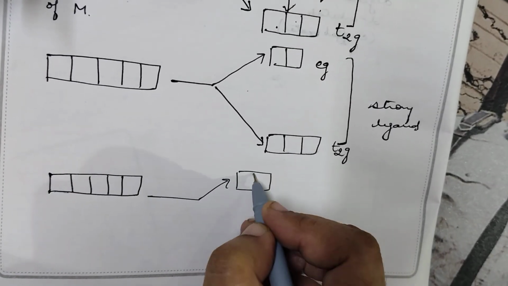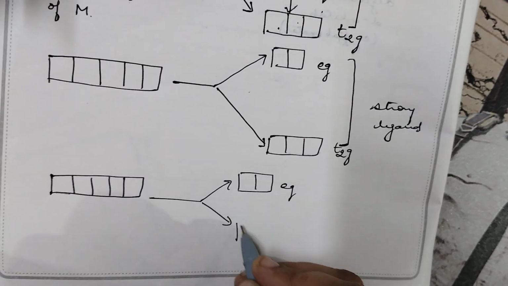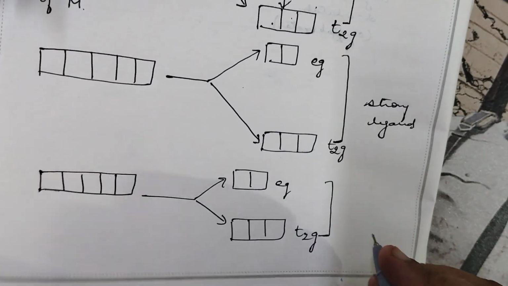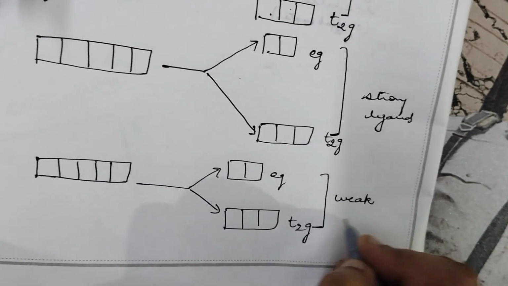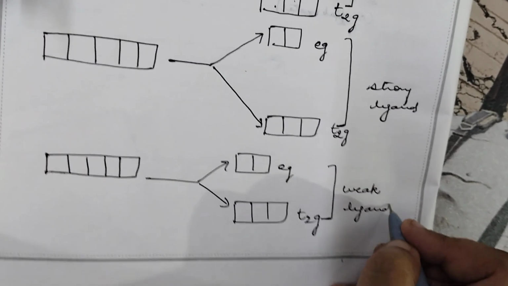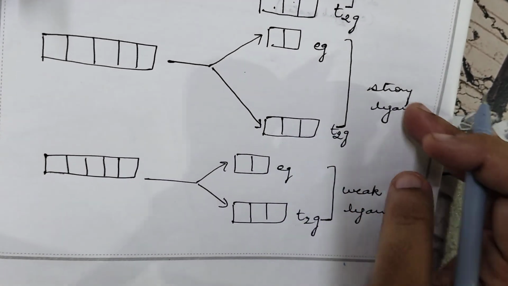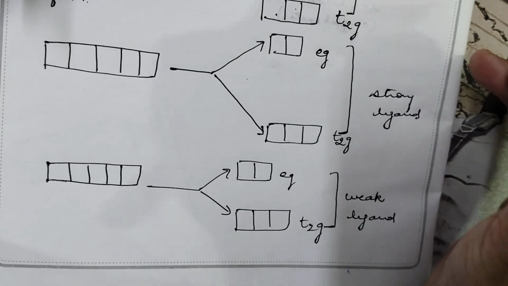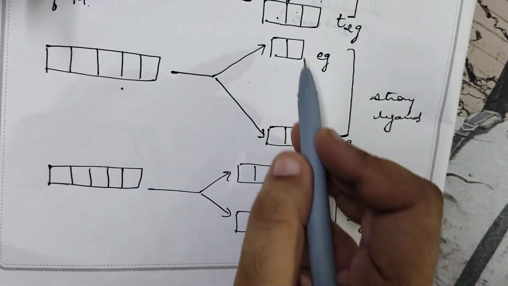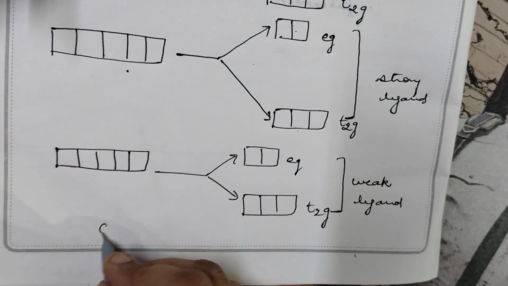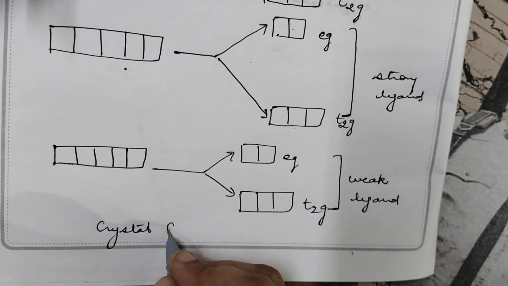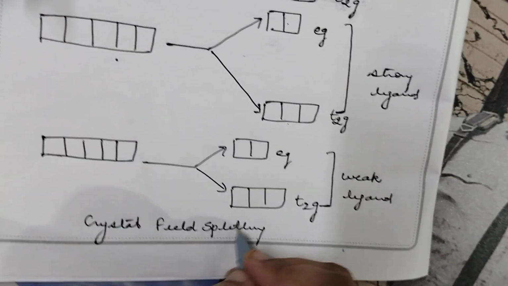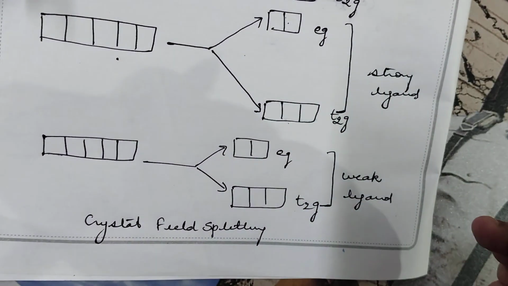You can understand that this is Eg and this is T2g. Now you can see that here the splitting is less because the ligand is weak. When the ligand is weak, then this splitting will be less, and when ligand is strong, then this splitting will be more. So this phenomenon in which the degenerate d orbitals split into two groups is called crystal field splitting, that is the splitting of d orbitals into two groups T2g and Eg.